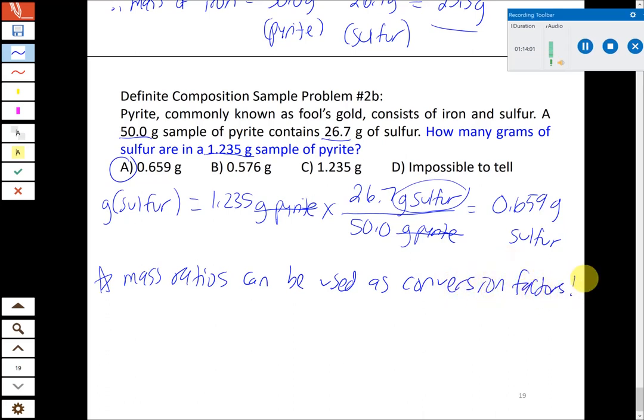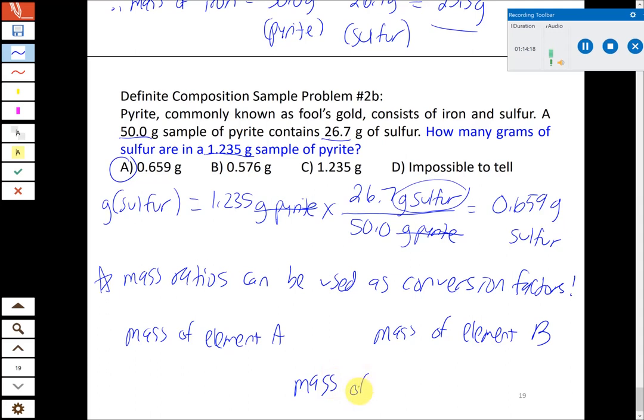So if we know relationships between the mass of one element and the mass of another element, and then the mass of a compound that's made up of elements A and B, if we know these relationships, we can use those relationships as conversion factors to convert between any of these quantities here in any direction, okay?